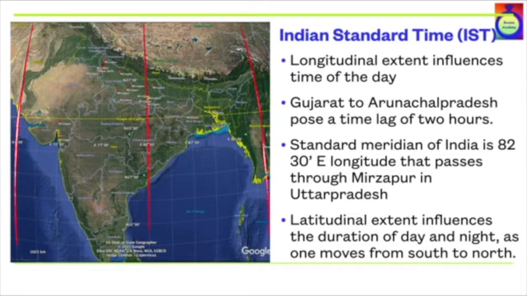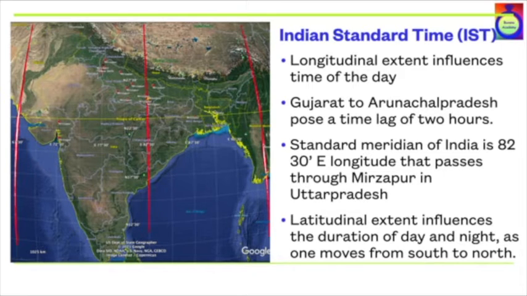Then we have to learn Indian Standard Time. The longitudinal extent of India from west to east is approximately 30 degree. You might have studied in earlier classes that 1 longitudinal degree is equal to 4 minutes.